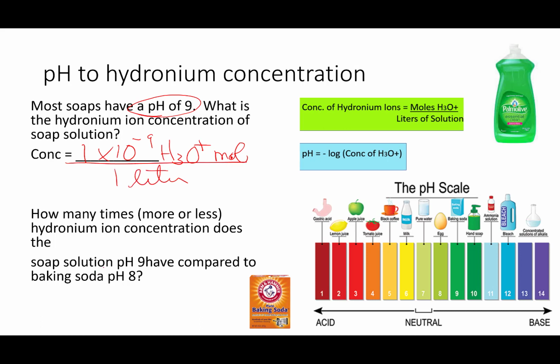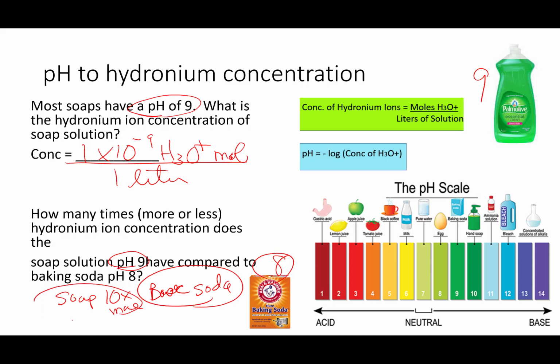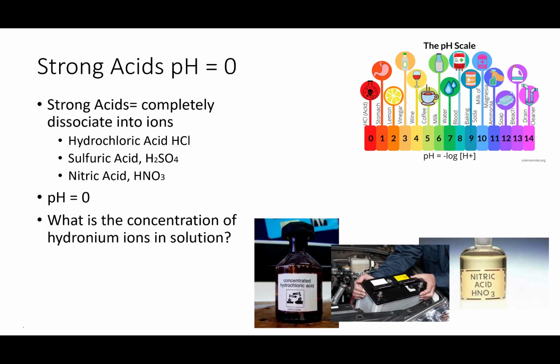So how many times more acidic or basic is the soap solution with a pH of 9 than baking soda with a pH of 8? The soap is going to actually be 10 times more basic than the baking soda at an 8. And that is that difference in pH. Remember, a change of 1 in pH means 10 times more acidic or basic.